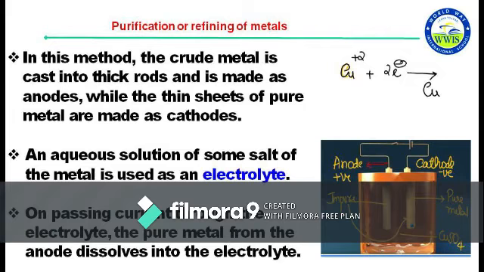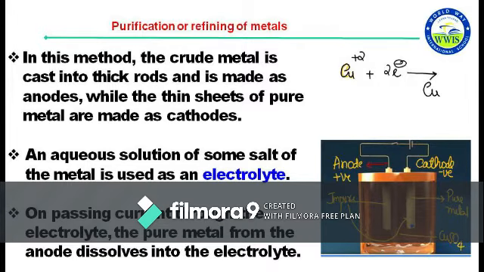Actually, in this method, one apparatus is used in which two electrodes, positive anode and negative cathode, are fixed. The impure metal, suppose impure copper, is made the anode and pure metal is made the cathode.